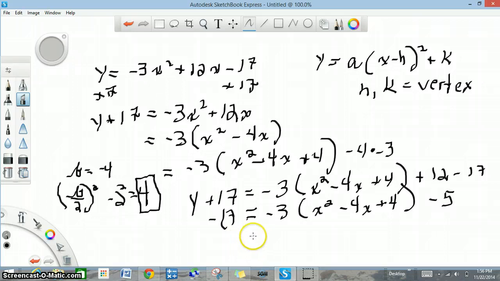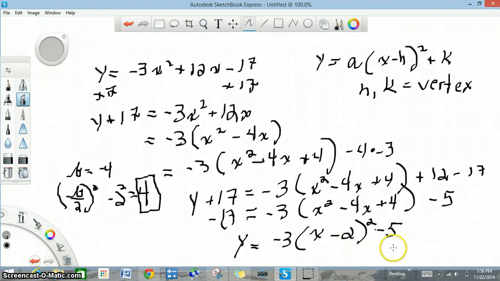Our factored form is going to look like y equals negative 3 times (x minus 2) quantity squared minus 5. That's going to give us a vertex of positive 2, negative 5.